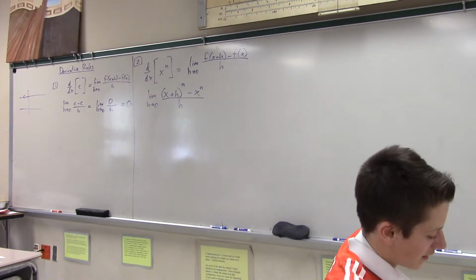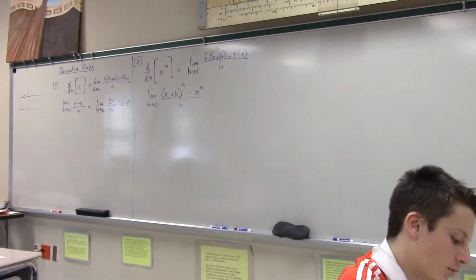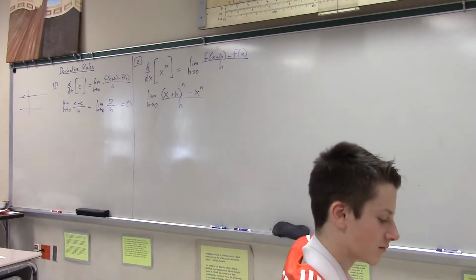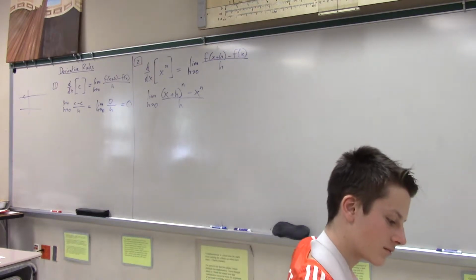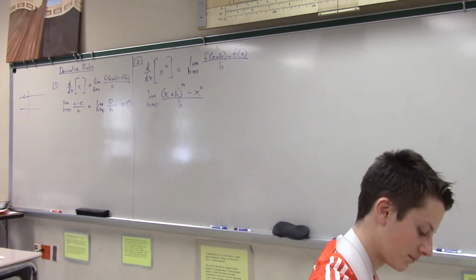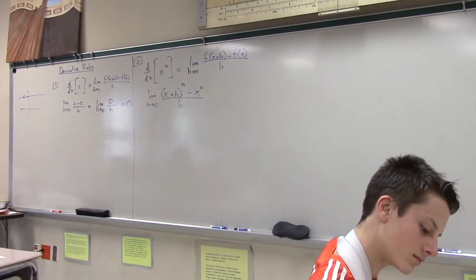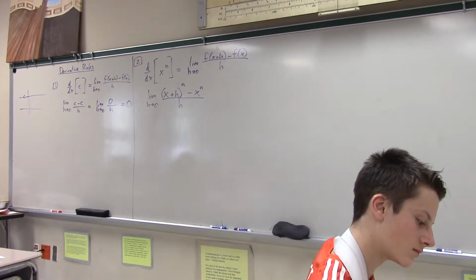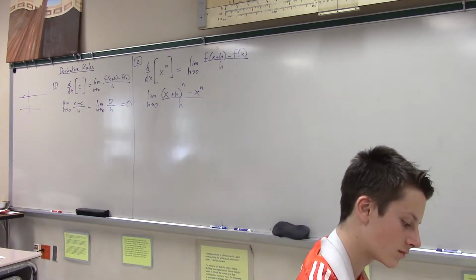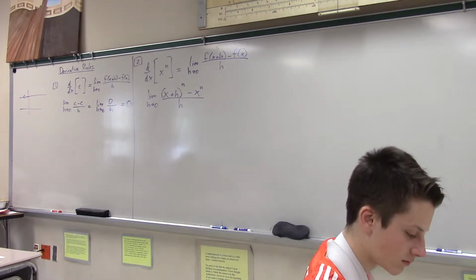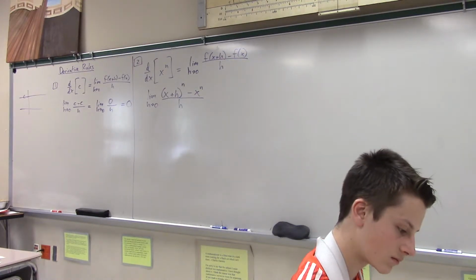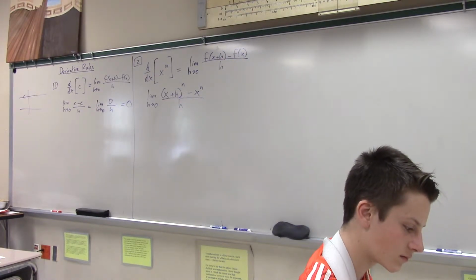I don't know what to do. It's like x to the n, and then h to the n, and dot, dot, dot in between, which is what no one has time for.